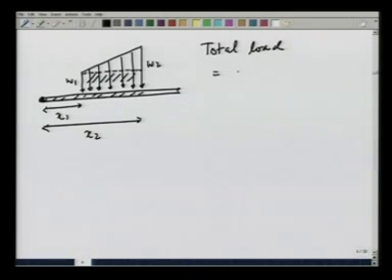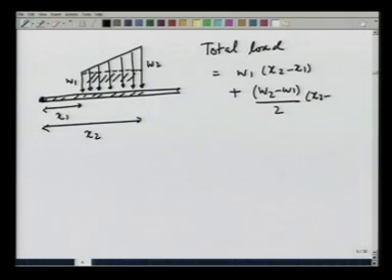So, the total area is going to be the area of the rectangle, which is W1 (x2 minus x1), plus the area of the triangle, which is (W2 minus W1) divided by 2 times (x2 minus x1). This comes out to be the area of the trapezoid, which is nothing but 1/2 (W1 plus W2)(x2 minus x1). So, this is the net load which is working on this.